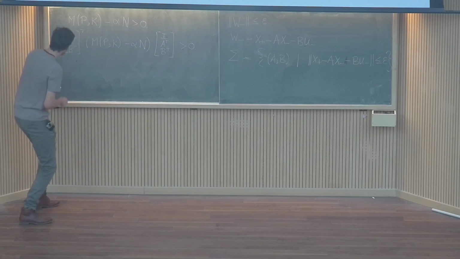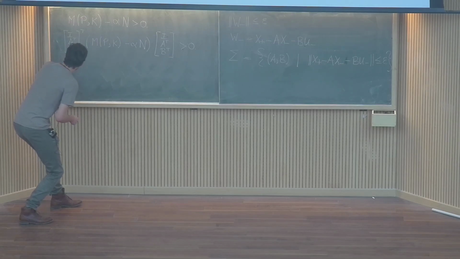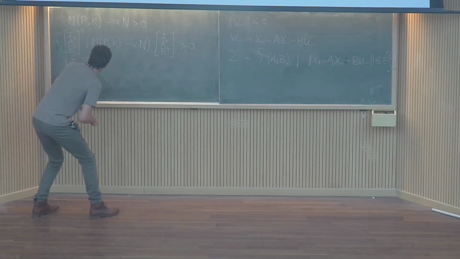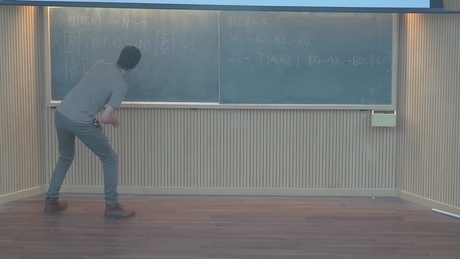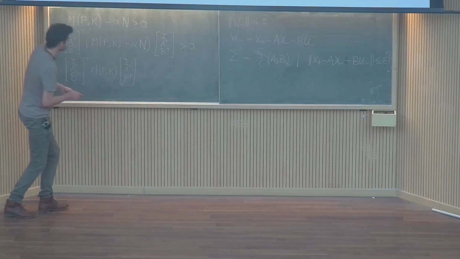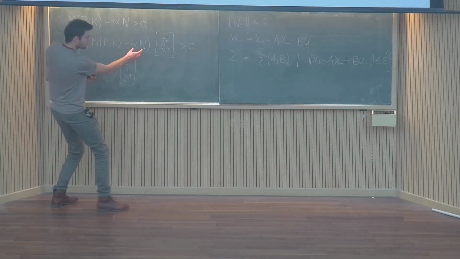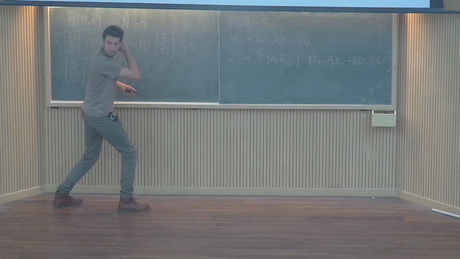So the first term, I get identity A transpose B transpose times this matrix M of P and K. And then I still have the right-hand side, identity A transpose B transpose. And then now I take this second term to the right.